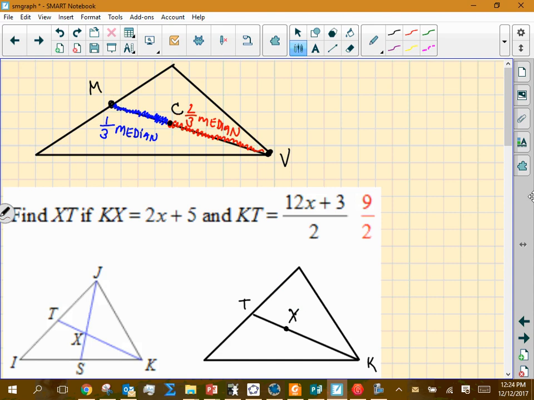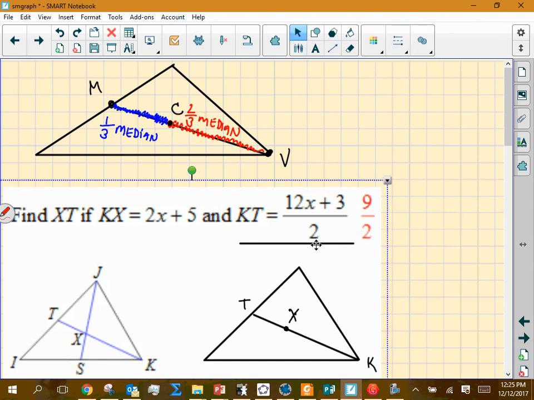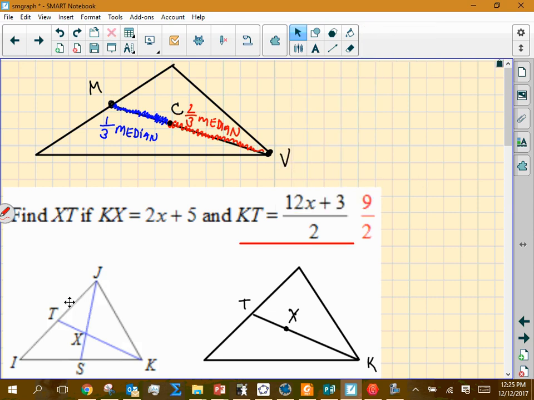Now, in this problem here, they give me KT, right? KT is what object in our picture, either one of these pictures? Come on guys, definition-wise, K to T is a median.